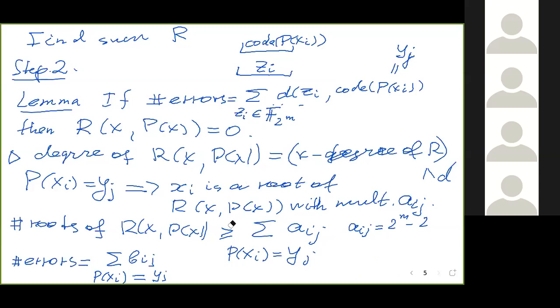The number of roots is that guy. That is at least the same sum, but here we can replace aij by 2 to the m minus 2 Bij.